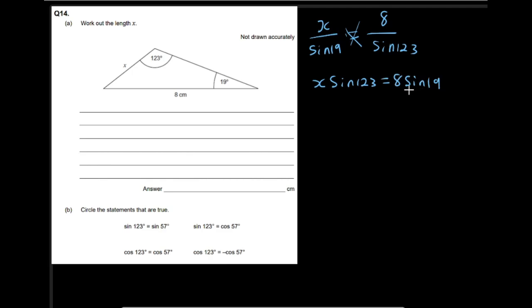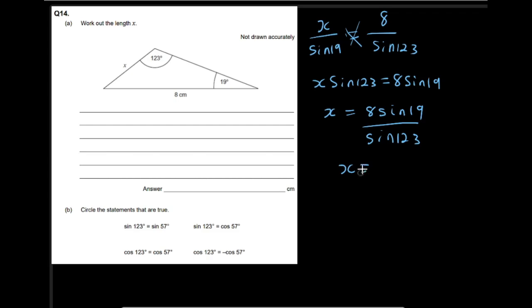To get x, divide both sides by sine 123. That will give us x to be 8 sine 19 over sine 123.